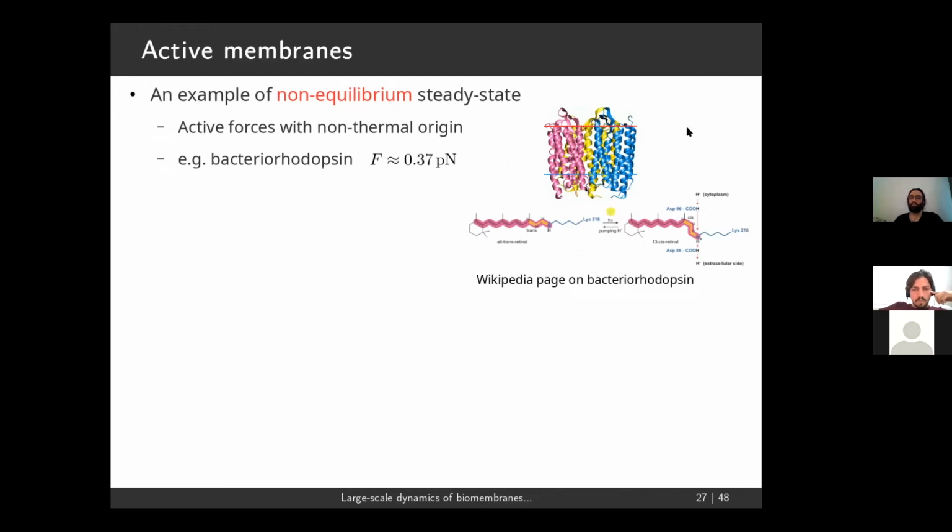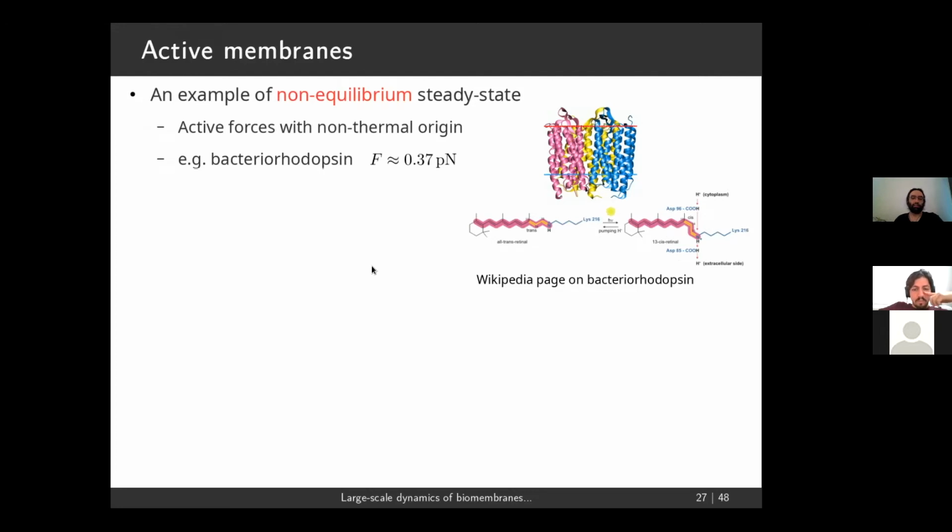It's an integral membrane protein, and it's light sensitive, so it absorbs light, and what it does is that it pumps one proton across the membrane, so it helps basically get this ion through.